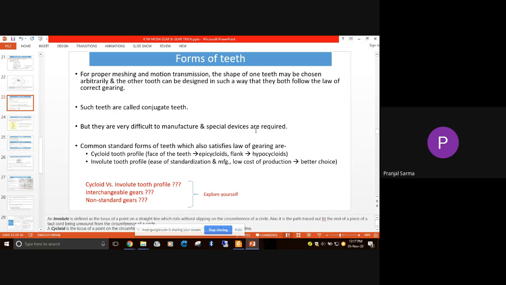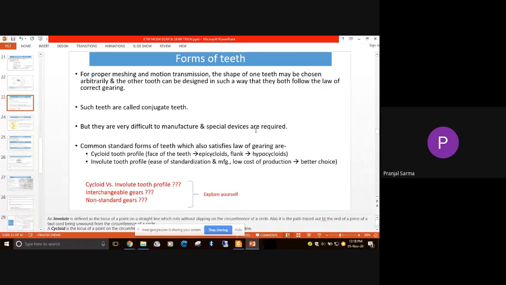So we know that teeth are very important, because the teeth are meshing, that is, they are engaged with one another, and if they are not in mesh, it is of no use.